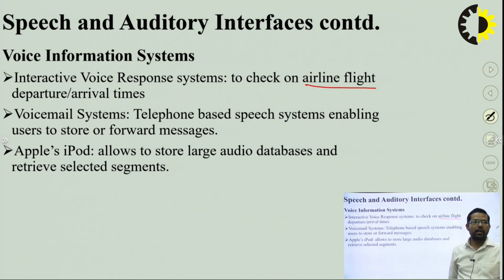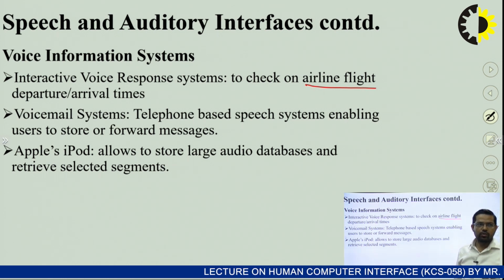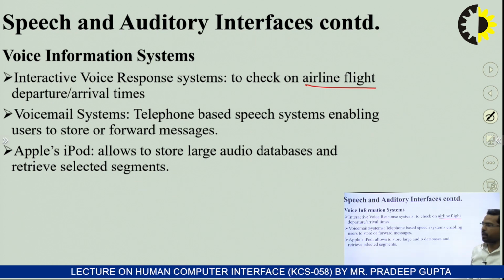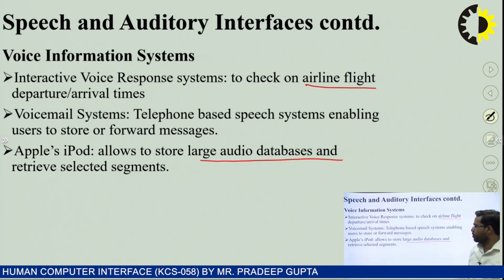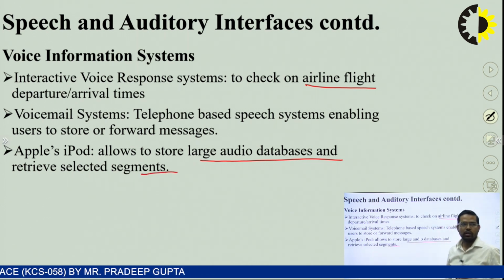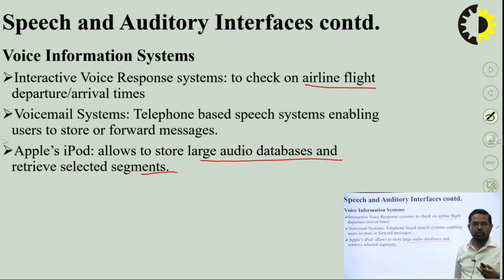These are interactive voice response systems used to guide the users. Voicemail system is a telephone based speech system enabling users to store or forward messages, we already know that. Apple iPods allow storing large audio databases and retrieving selected segments according to the user's choice. So voice information system means showing information using voice.